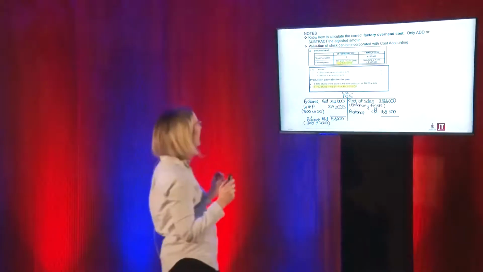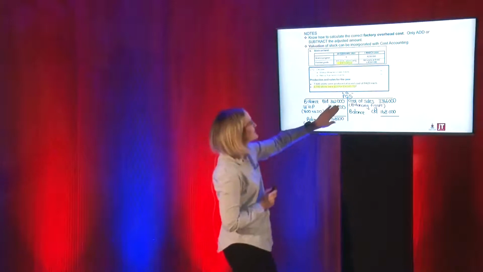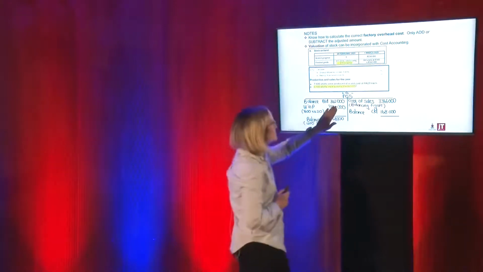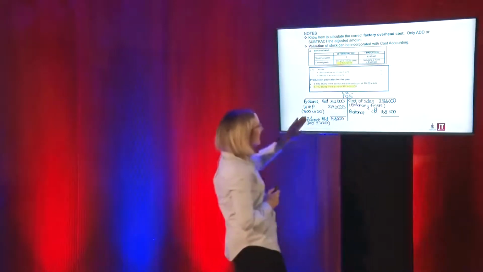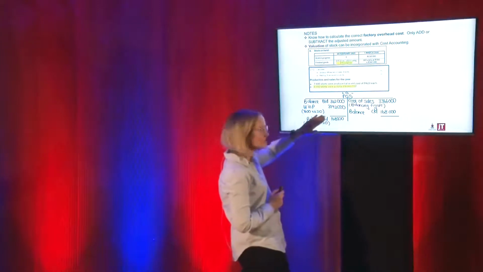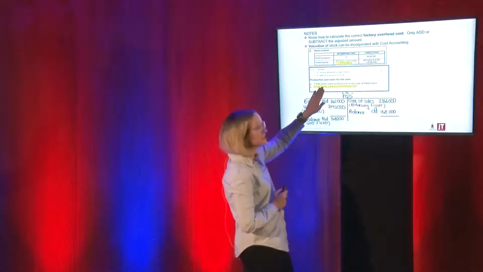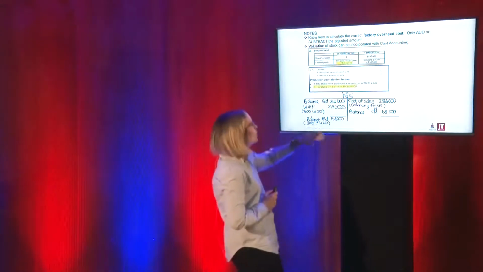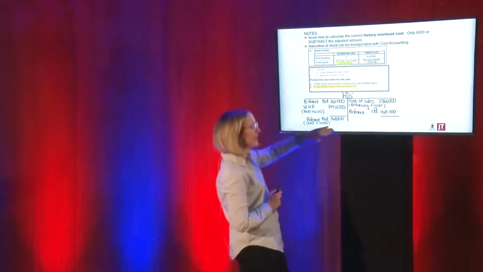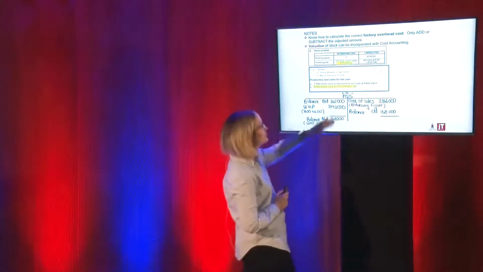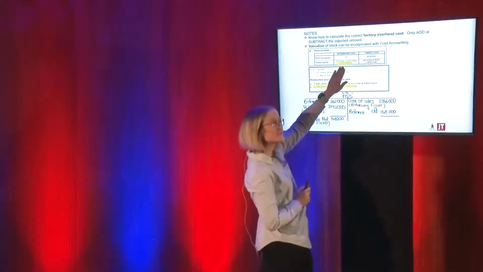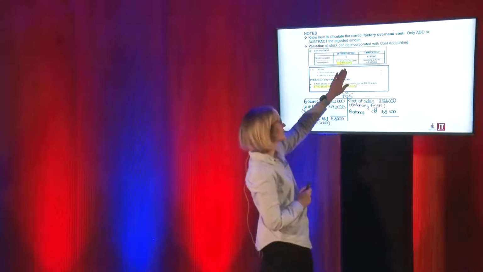So what do we have? We've got the balance in the beginning that was given to us. We can calculate the cost of finished goods produced. That was given to us in the information. We can calculate the balance at the end by using FIFO, which means first in, first out.